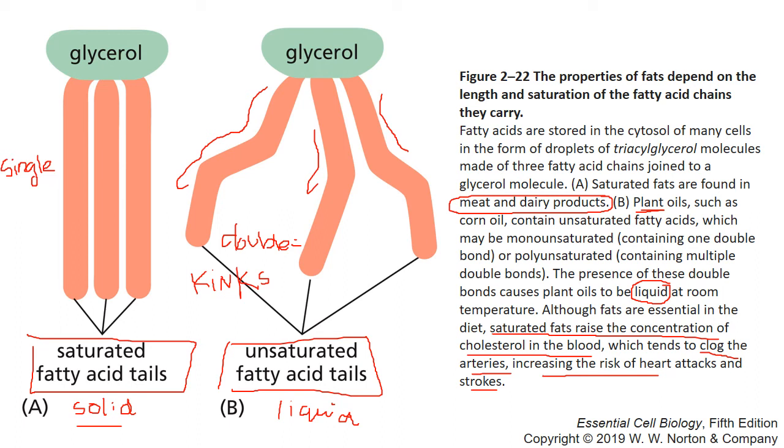I also want to bring up something else, which is that some of you might have heard of trans fats. So what's a trans fat? Well, a trans fat is a fat that was originally unsaturated, meaning it was liquid, but some of the kinks, some of the double bonds, were biochemically removed.